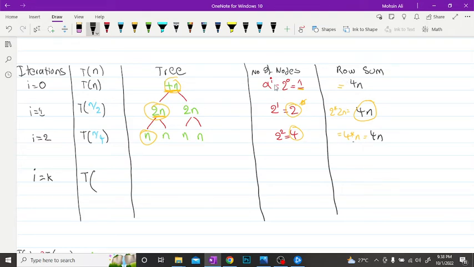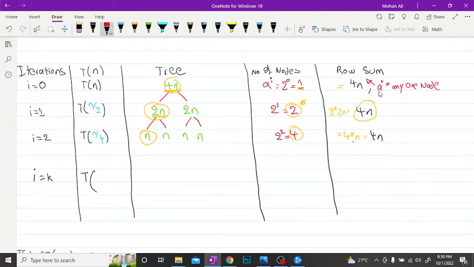This pattern of a to the power i times any one node will give you this. I can also write it: a to the power i times any one node would give you the row sum.